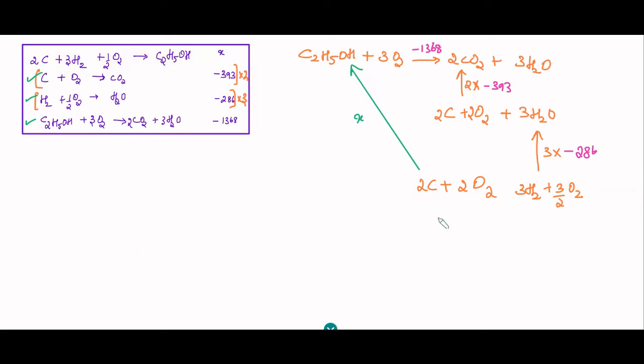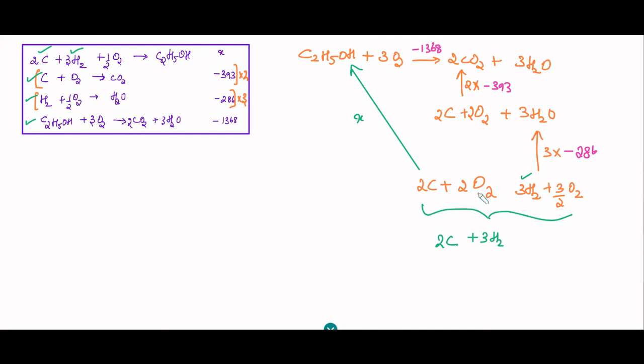So when I'm merging this and rewriting, I'll get 2 carbon. Yes, it is there. Let's keep oxygen on hold. Now hydrogen: 3 hydrogen. Yes, there are 3 hydrogen, so I'm just writing 3 hydrogen. Next, we have oxygen. Here there is half oxygen, here there is 3 oxygen.